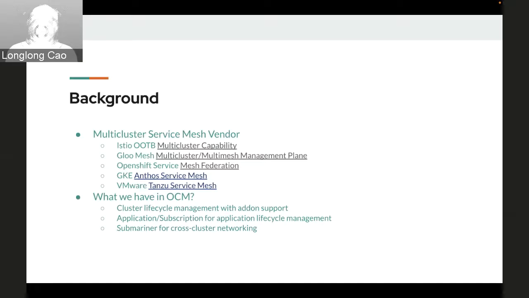Also, there are some third-party service mesh providers that also support multi-cluster or multi-mesh functions, for example, Kuma, also OpenShift Service Mesh, and maybe others, for example, the Anthos service mesh and the GKE service mesh.